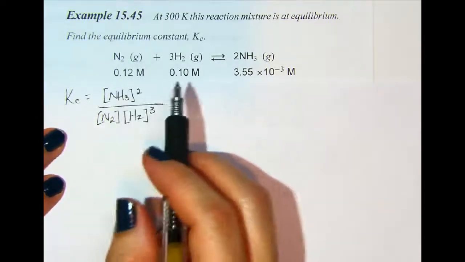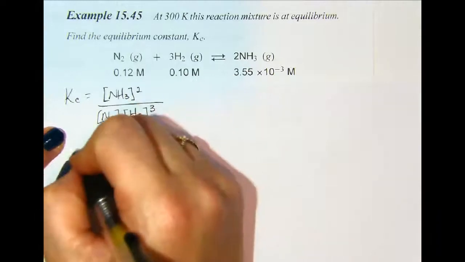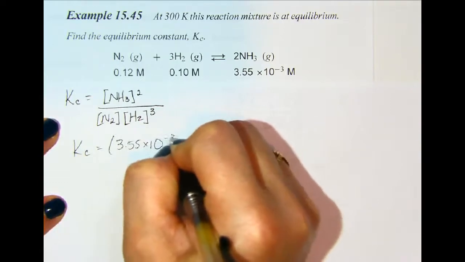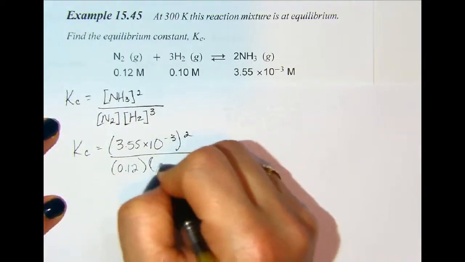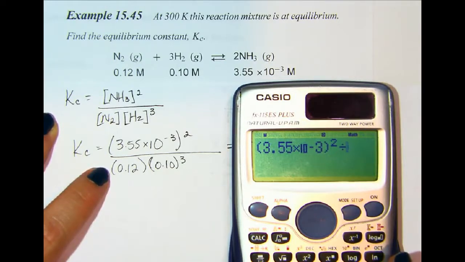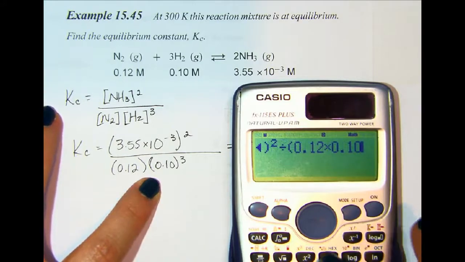Now I can actually input these values because these are the values at equilibrium. And so I'll say Kc equals, open parenthesis, 3.55 times 10 to the negative 3, close parenthesis, squared, divided by, open parenthesis, 0.12 times 0.10 cubed, close parenthesis.